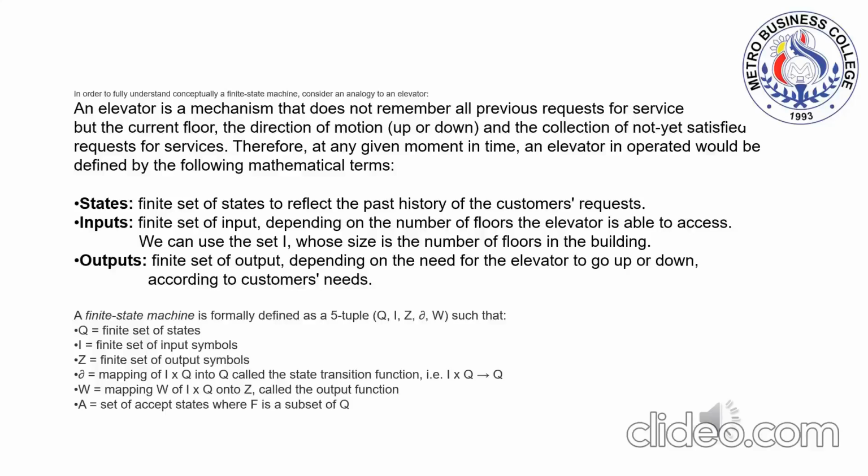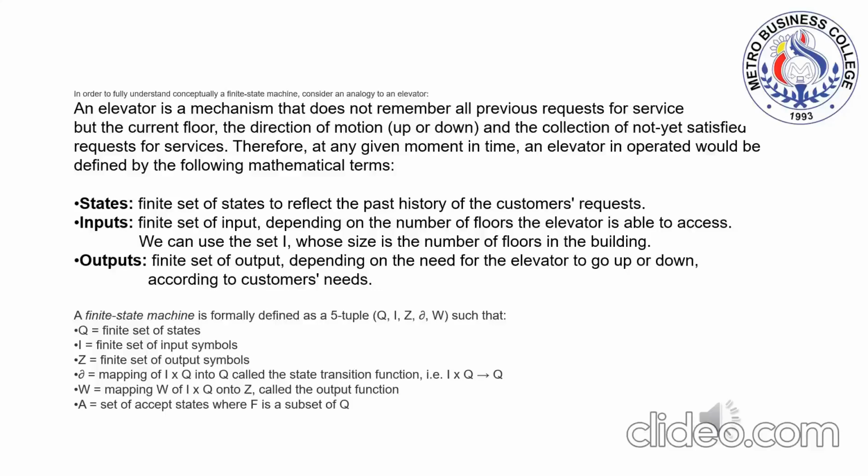States, finite set of states to reflect the past history of the customer's requests. Inputs, finite set of input, depending on the number of floors the elevator is able to access. We can use the set I, whose size is the number of floors in the building. Outputs, finite set of output, depending on the need for the elevator to go up or down.